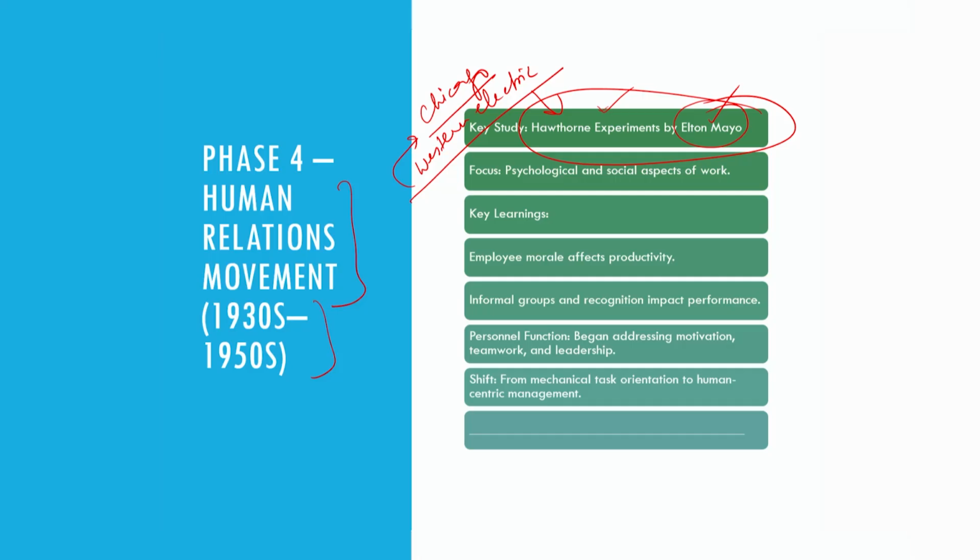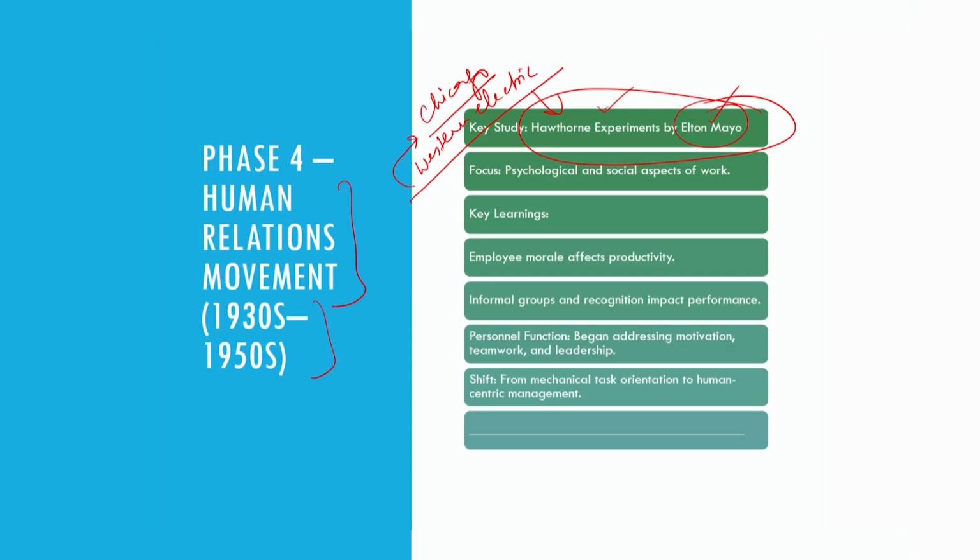The workers were divided into two parts. In one part the illumination remained constant, and in the other part the illumination was either reduced or increased. So you can think of it as two teams of workers: one was the control group, where the lighting remained the same, and the other was the experimental group, where the illumination was reduced or increased on a regular basis.